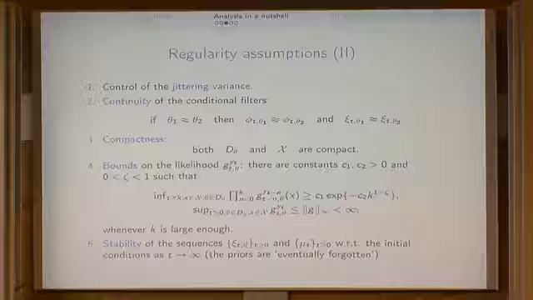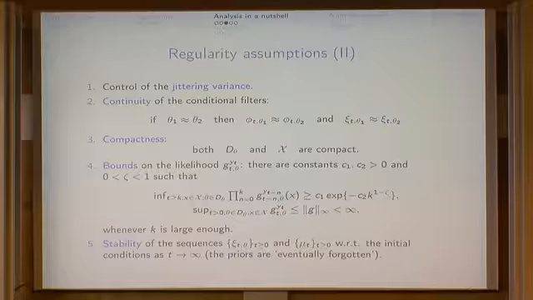Now, what is different in this bound that we are using compared to previous work is that we assume that the infimum of the product of many of these likelihoods is lower bounded by something that behaves like this. So it's exponential, but with order less than 1.